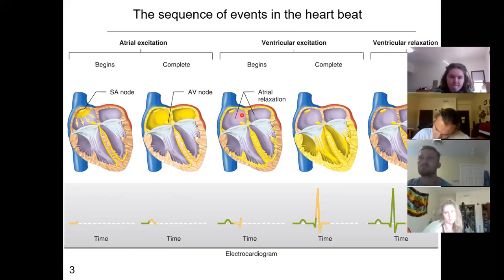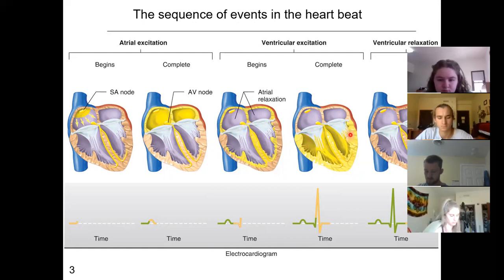Then the electrical signals, and you know electrical signals are action potentials, which we'll talk about in a moment, spread from the atria throughout the ventricles in this well-organized fashion, from the atrioventricular node through the interventricular septum, then throughout the ventricles.